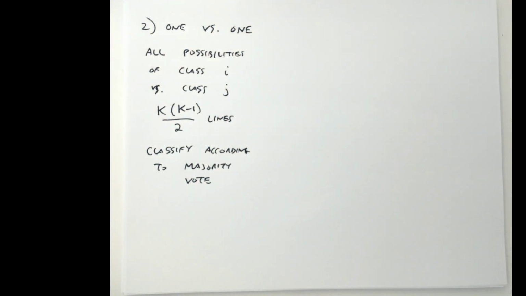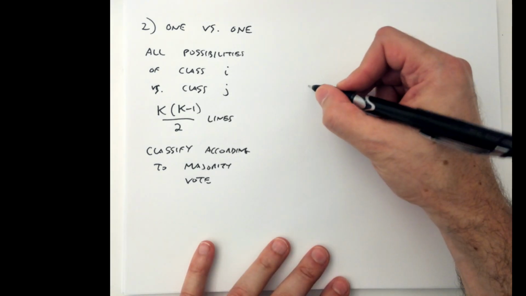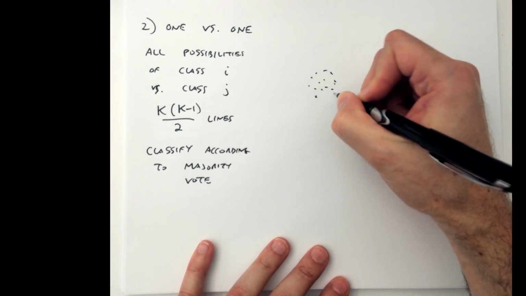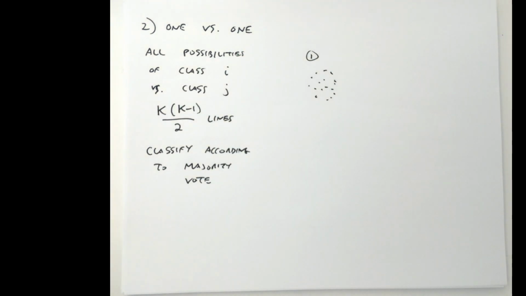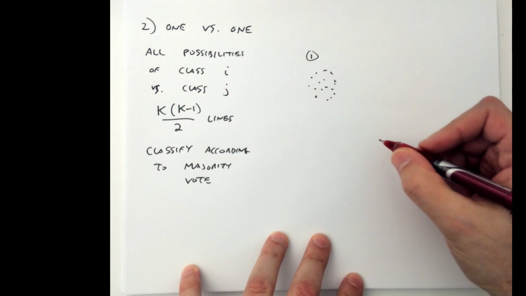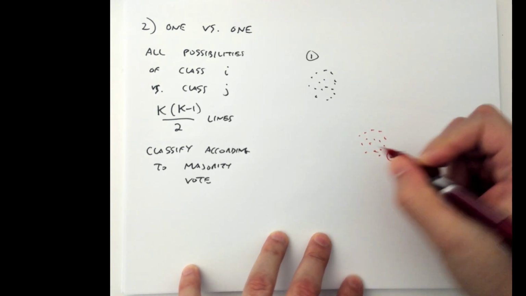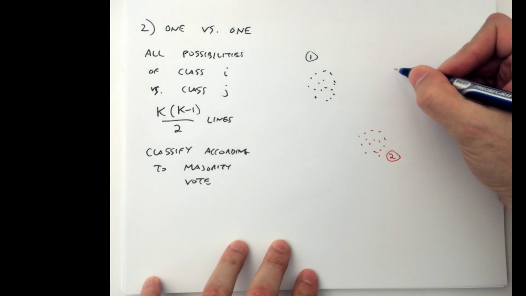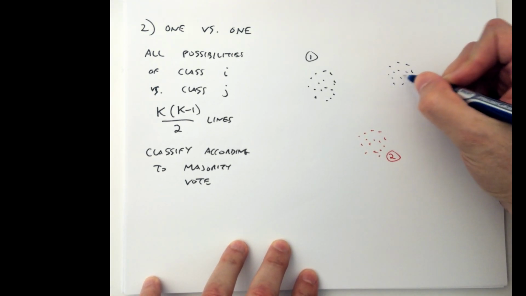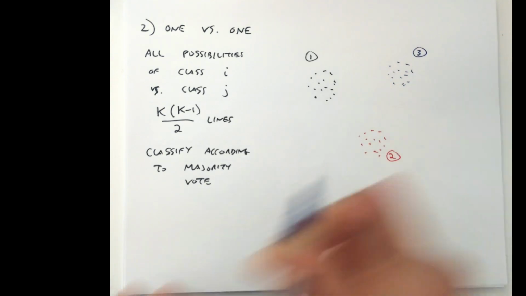So again, let's draw this picture again. I've got class 1 over here, class 2 over here, and class 3 over here.